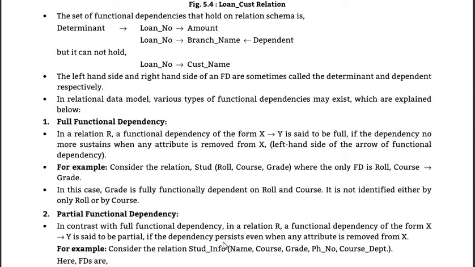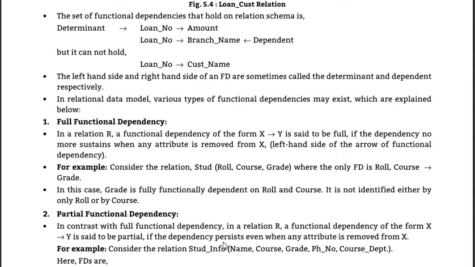The first type is full functional dependency. What is full functional dependency? In a relation R, a functional dependency of the form X determines Y is said to be full if the dependency no more sustains when any attribute is removed from X, the left hand side of the arrow of the functional dependency.